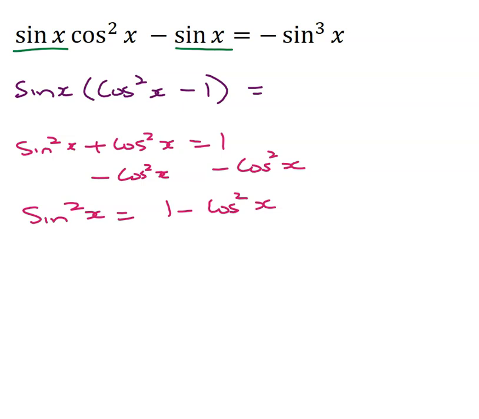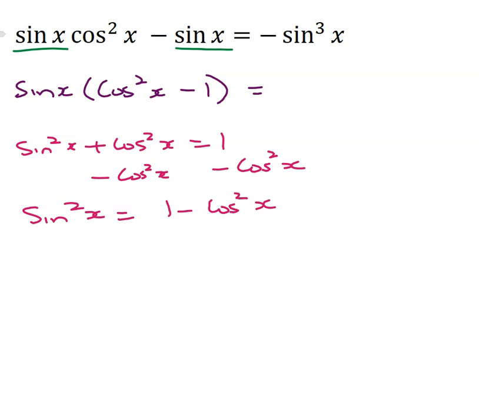So what that simply tells you to do, and if you can look right here, you see that the sign here is negative. So what we can actually do is multiply this whole expression by -1. Let's see what that does. So it's going to give us negative sine squared x.